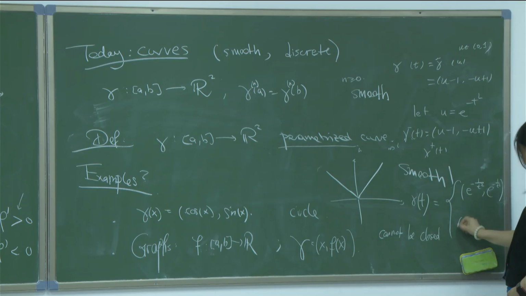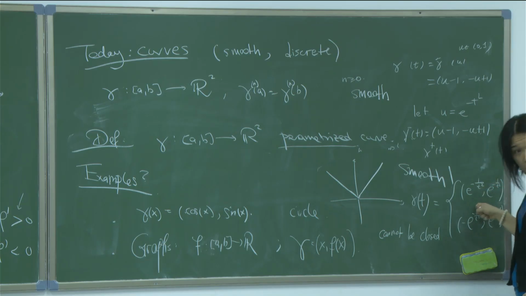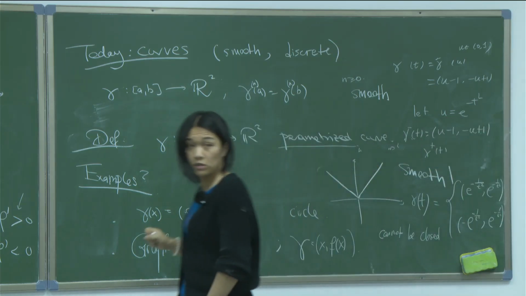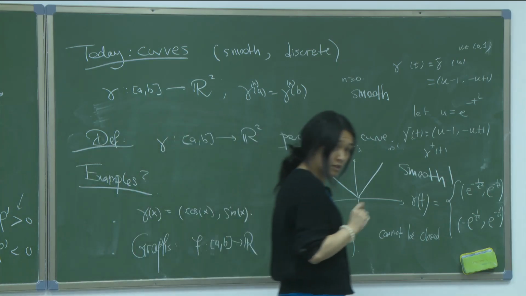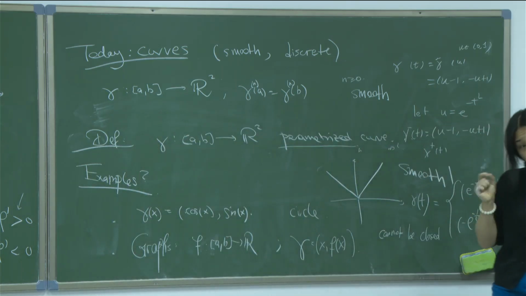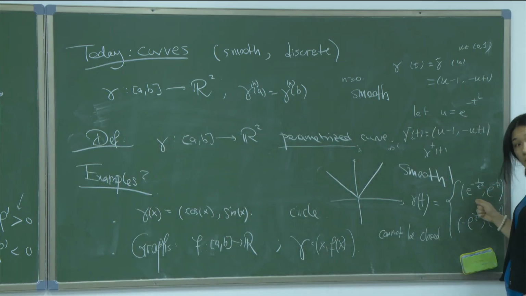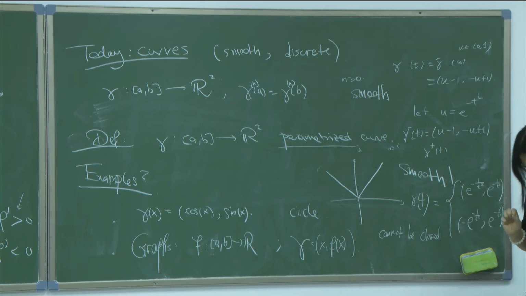And if I have negative t, I would want this one. The advantage of this is that the derivative is always 0 at 0. Oh, I got it. This is smooth. This is in the class of smooth functions, but not analytic, C omega.